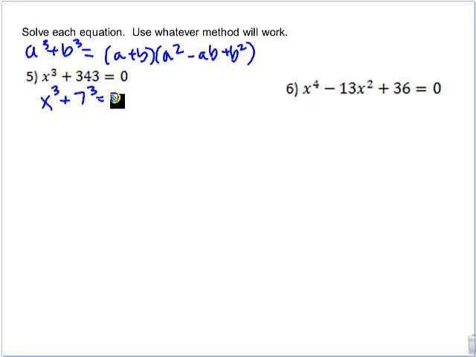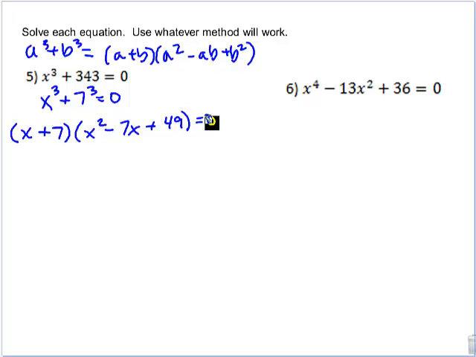Okay, so let's use our sum of cubes formula here. If we have x cubed plus 7 cubed, what would be in our first parentheses? Yep, x plus 7. Times, next parentheses: x squared, yep, minus 7x plus 49, yep.